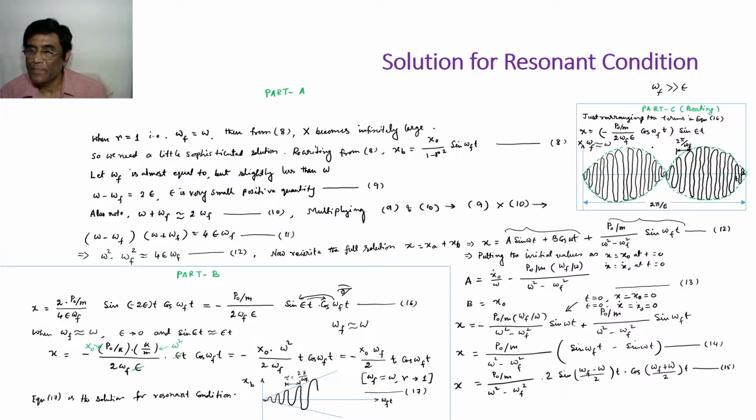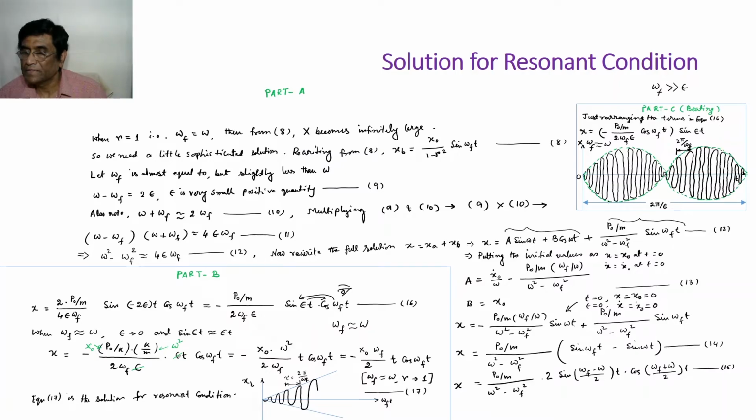So what is going to happen? I can imagine a sinusoidal wave like this, and minus over here. So this is an envelope.